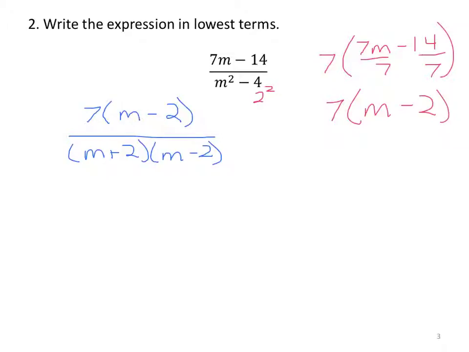So you don't add m squared and 4, you add m and 2. Okay, now we are down to as much as we can factor, so we can go on to our reducing. m minus 2 cancels with m minus 2. That's all that cancels, so we're left with 7 over m plus 2 as our solution.